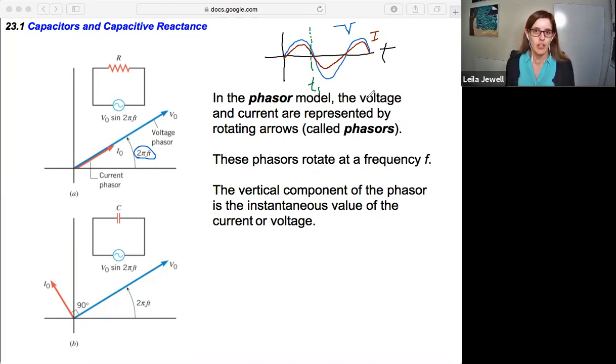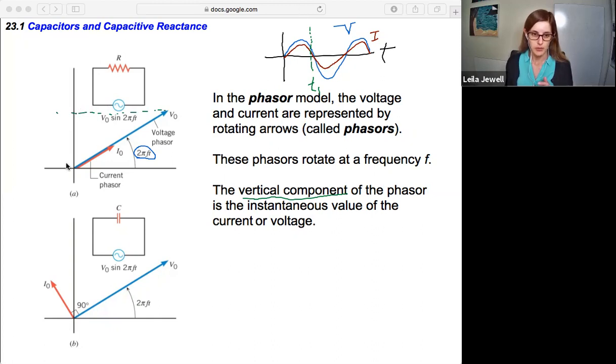Boom. The way that we read the phasor diagram is we say at some instant in time, we take a snapshot of these rotating arrows. They're literally going around in a circle. We're going to take a snapshot of the vertical component of the phasor, and that will give us the instantaneous value of the voltage or current. So the voltage phasor would be up to, say, here.